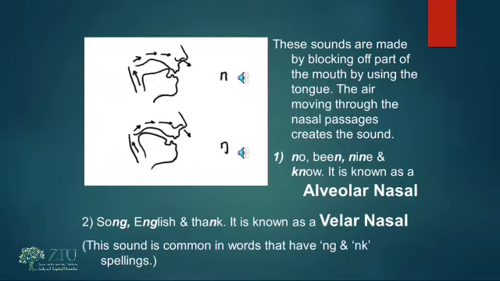It is very important for us to show that in the words sung, English, and sang, there is a relationship between the sounds. N and G are the letters, but also N and K are the letters. But here we concentrate on the sound, not the spelling of them.